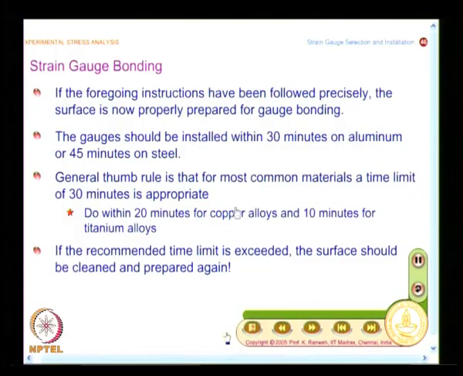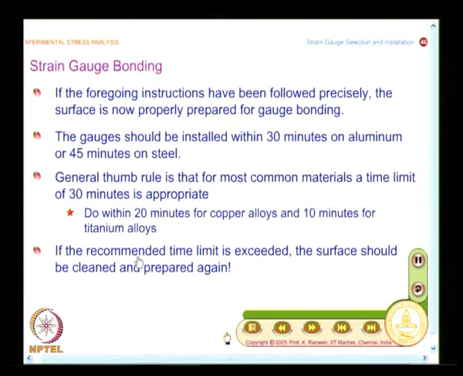But you will have a general instruction as well as special rules. If you go for copper alloys, you should do it within 20 minutes. On the other hand, if you go for titanium alloys, you should do it within 10 minutes. If you do not follow this, what happens?